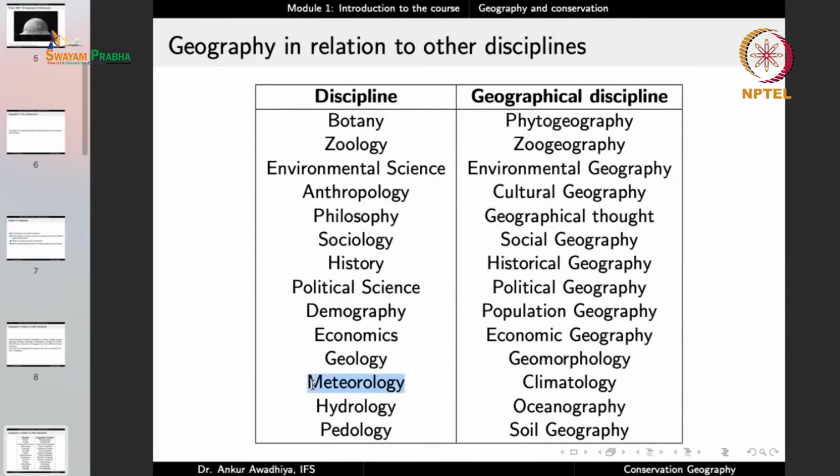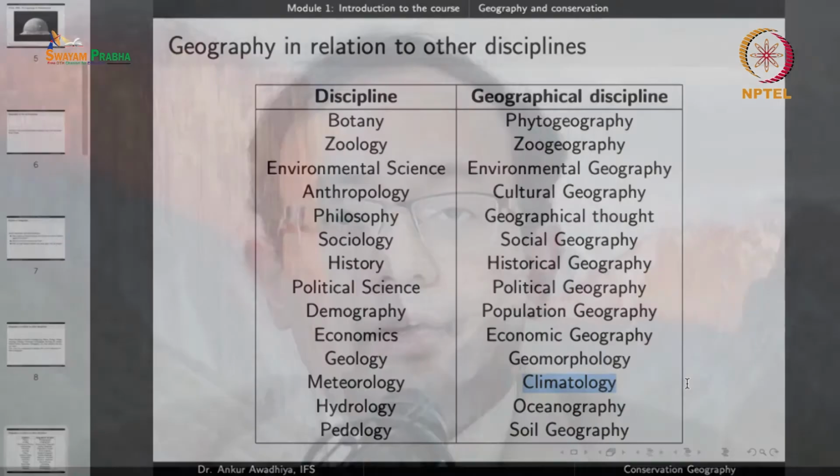Then we have the discipline of meteorology, which studies the science of the atmosphere, the kinds of processes that happen on or in the atmosphere. And if you look at the geographical or the areal differentiation part, we get the science of climatology. So this is the discipline which asks the question, okay, what are the different kinds of climates that are found?